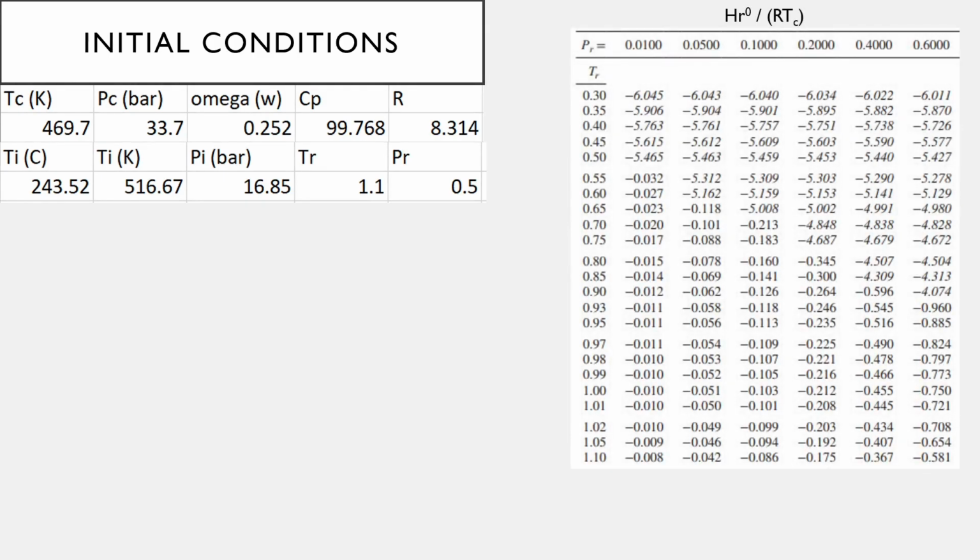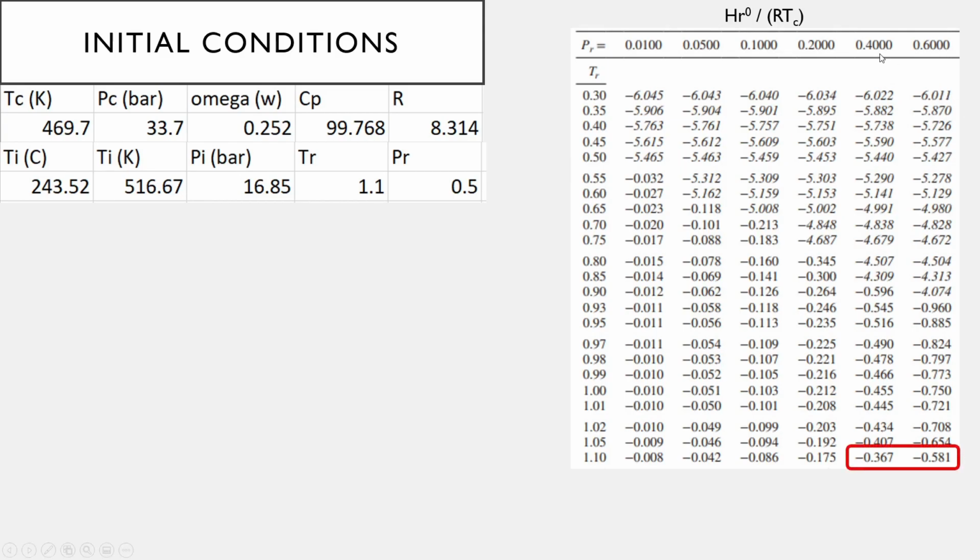For the initial conditions, we'll be starting at 516 Kelvin, which gives us a temperature ratio of 1.1, and starting at 16.85 bar, which gives us a pressure ratio of 0.5. We can then look at table D5 in the appendix and use our corresponding PRs and TRs to calculate our H residual naught over RTC.